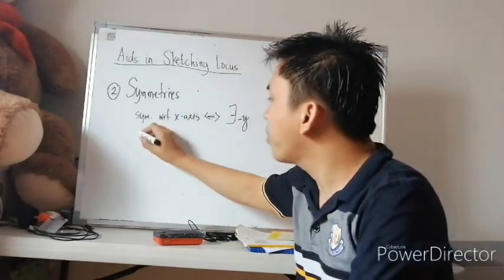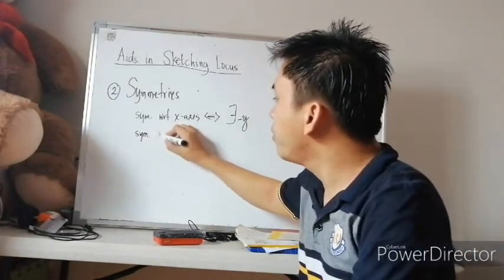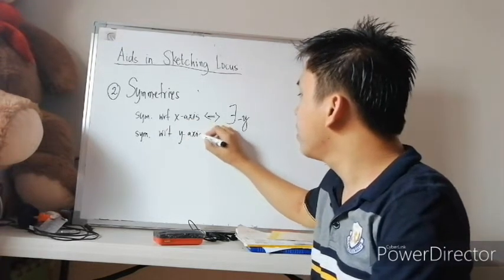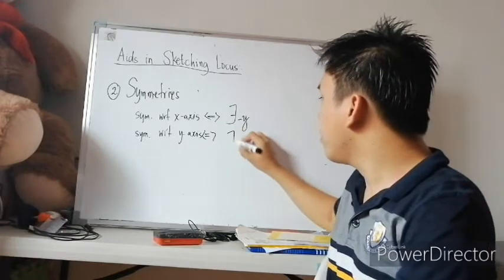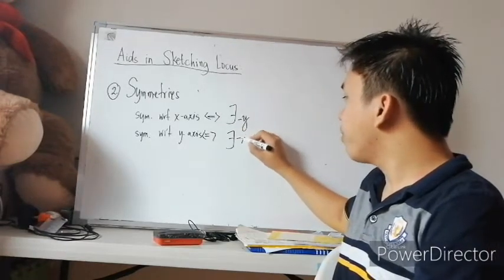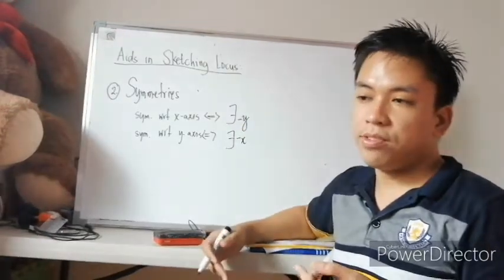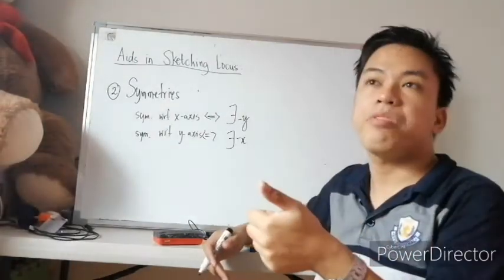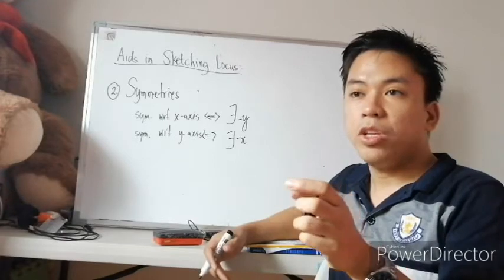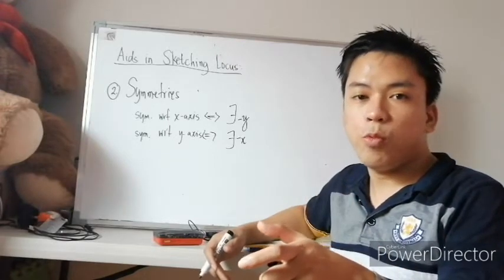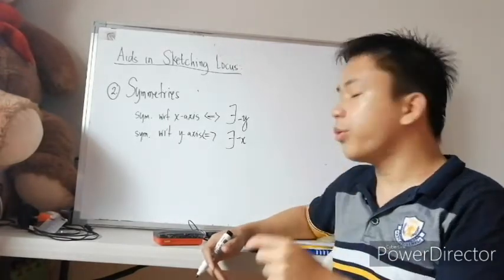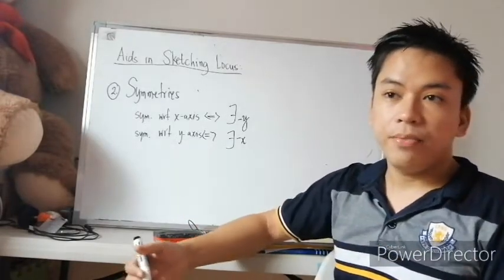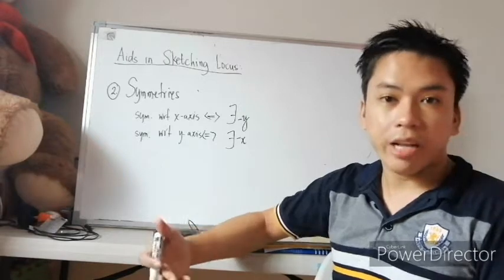A graph is symmetric with respect to the y-axis if and only if there exists an additive inverse of x. So this is different. When it's symmetric with respect to the x-axis, you should be able to find the additive inverse of y. If it's symmetric with respect to the y-axis, you should be able to find the additive inverse of x.